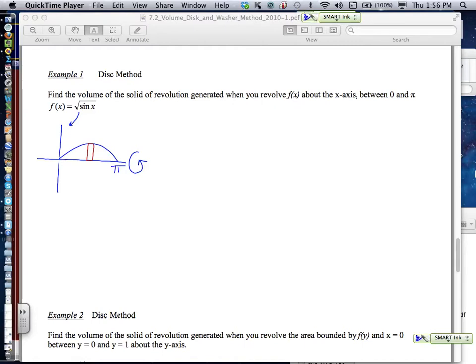Okay, so we're going to set this up by our formula. Remember, our formula is volume equals pi times the integral from a to b of f of x, that quantity squared, dx. So in terms of our problem, we have pi times the integral. What are the limits of integration here? 0 to pi.